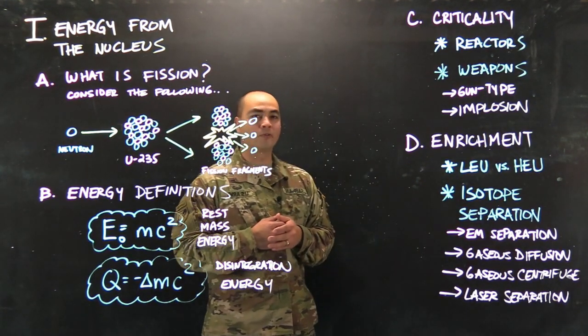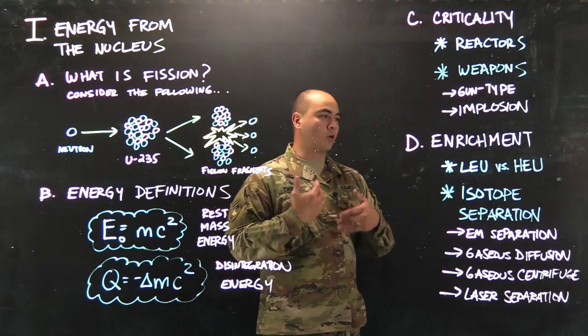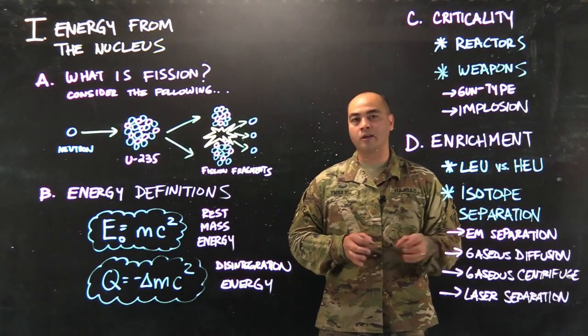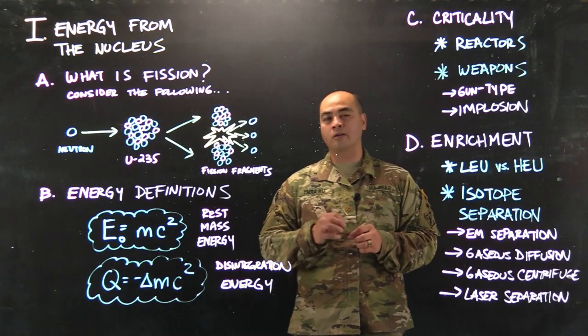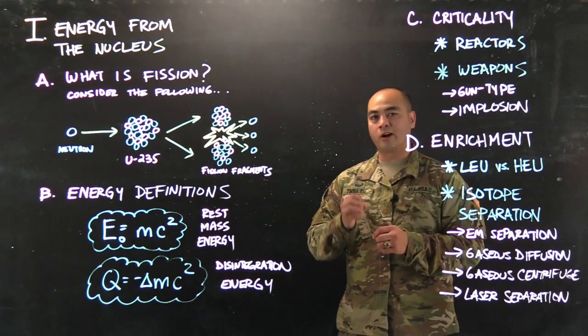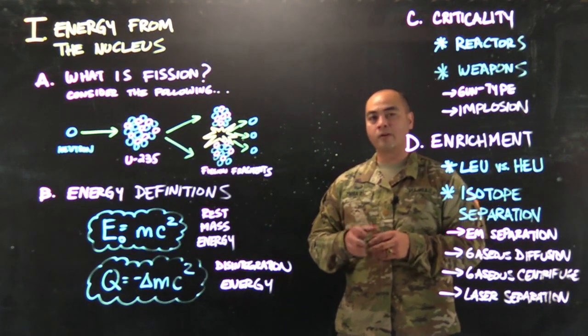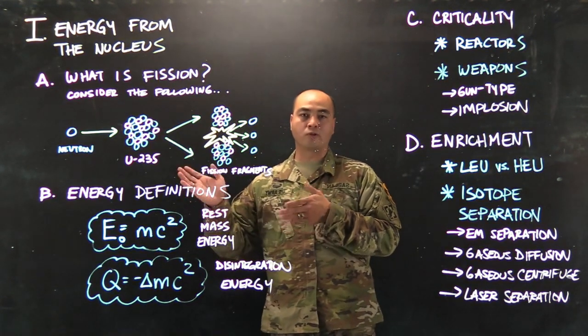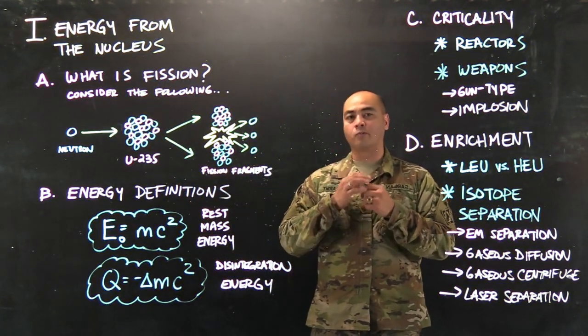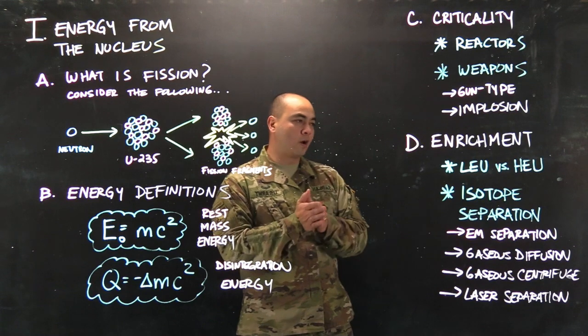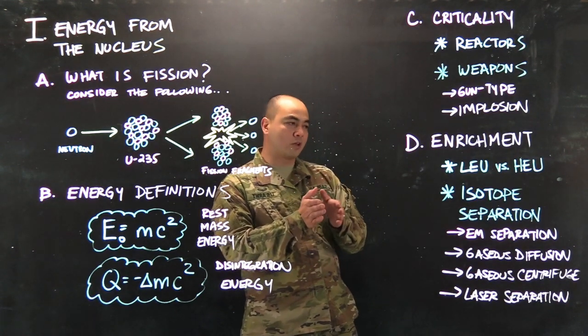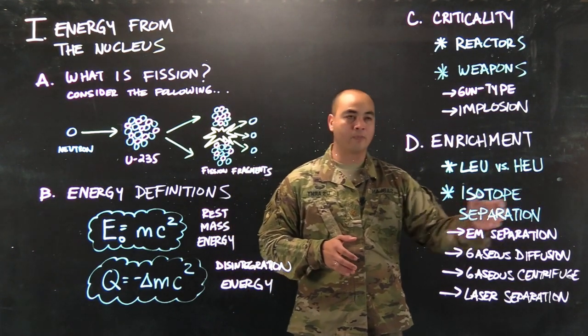Moving on, we have this thing called enrichment. Really what we're looking at is the upgrading of the fissile material U-235 that is in the natural state of U-238, about 0.711%. We want to upgrade that to a percentage that is either low or high.